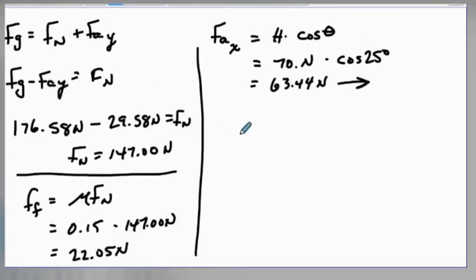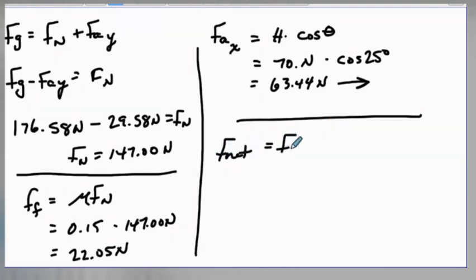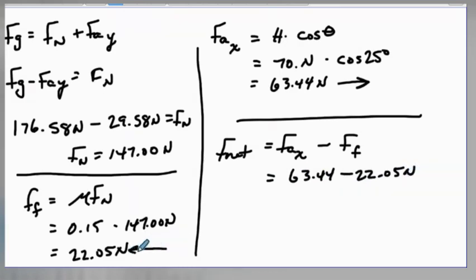So our F net is my FA in the x direction, take away my force of friction. So once again, I have 63.44, take away 22.05. Once again, that's in that direction right there. And when I subtract those, I'll see that my F net is 41.39 newtons.